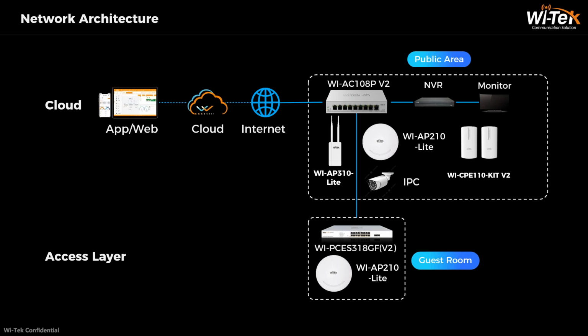We only use the access layer, such as managed, unmanaged or easy smart managed PoE switches, connected to indoor ceiling mount wireless APs. In the guest rooms, we use ceiling mount wireless APs to provide Wi-Fi coverage.